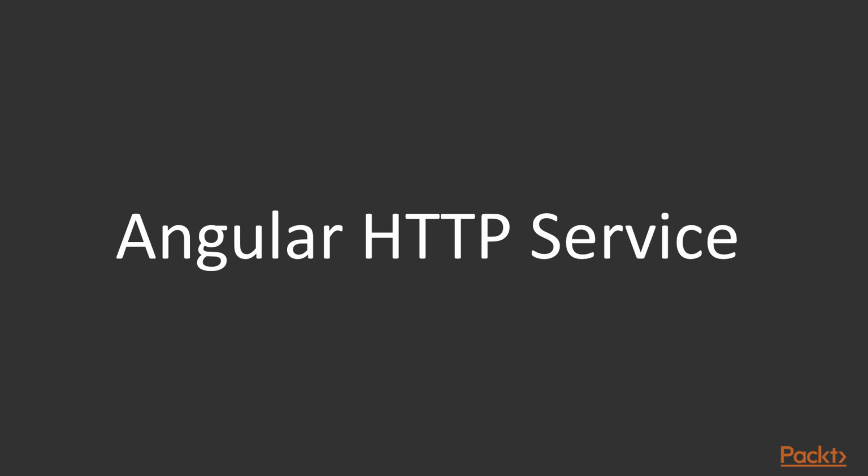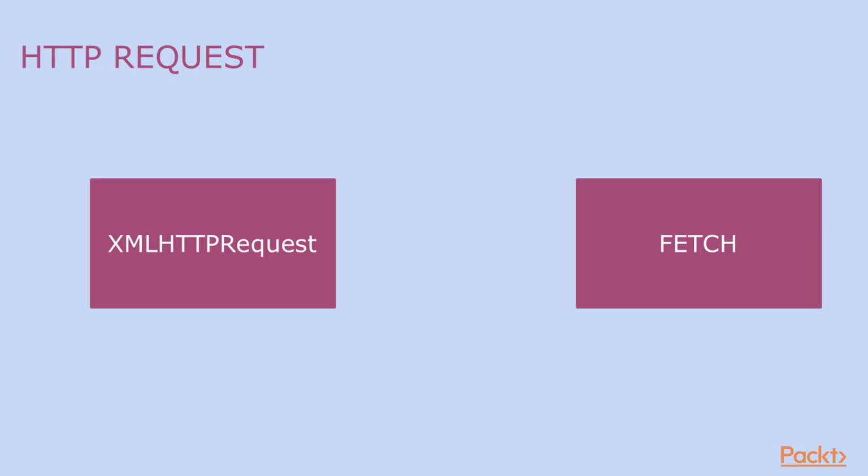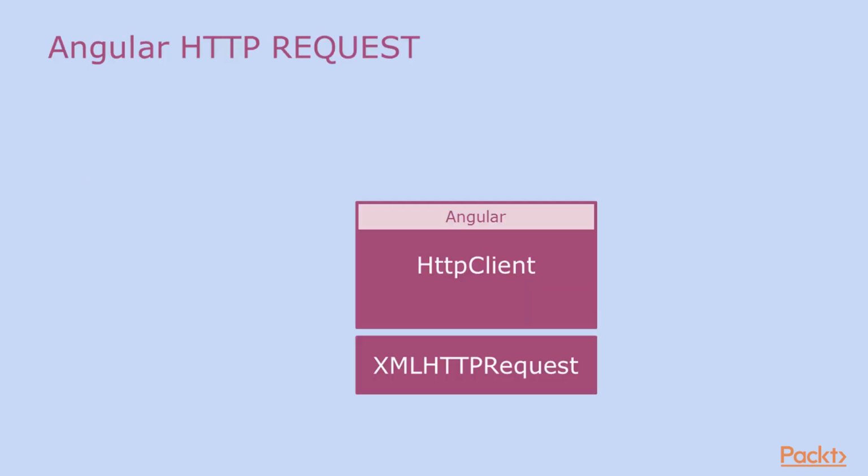Angular HTTP service. Modern browsers support two different APIs for making HTTP requests: the XML HTTP request interface and the Fetch API. Angular provides for us an HTTP client, which is a simplified API for HTTP functionality.